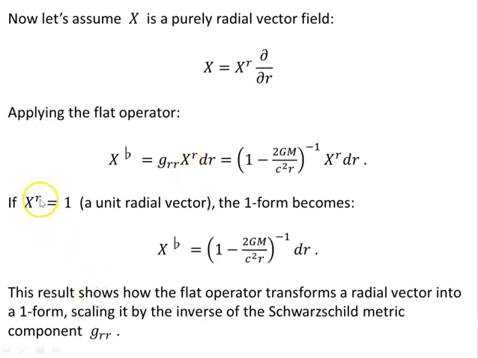If our vector here had other terms in it, we'd be multiplying by those as well. So this result shows how the flat operator transforms a radial vector into a 1-form. So we've gone from a vector x to x flat, the 1-form, scaling it by the Schwarzschild metric component grr.